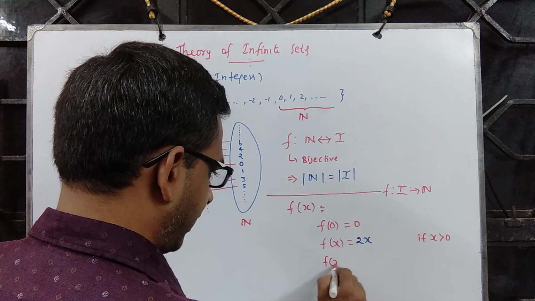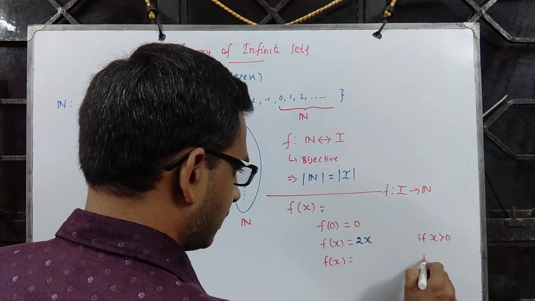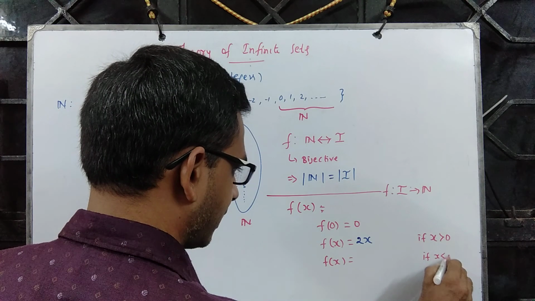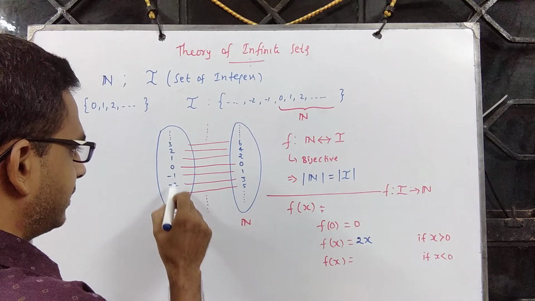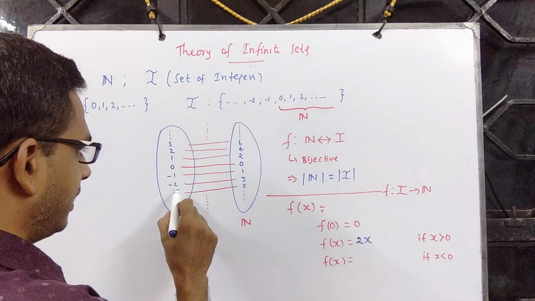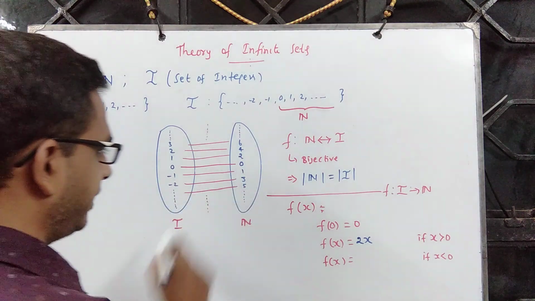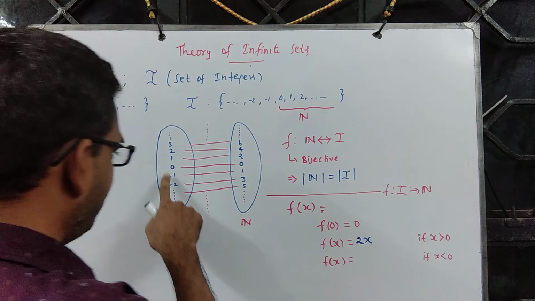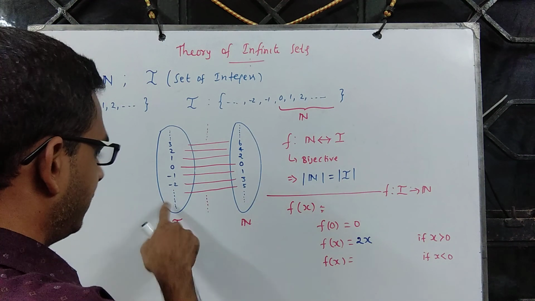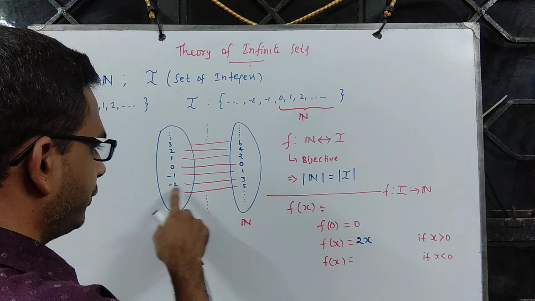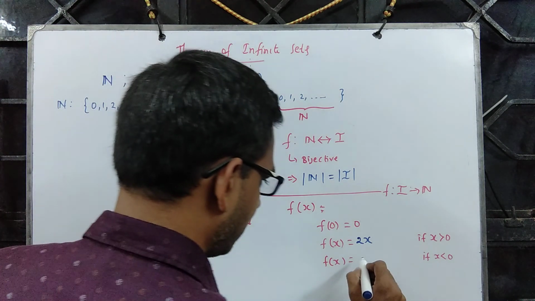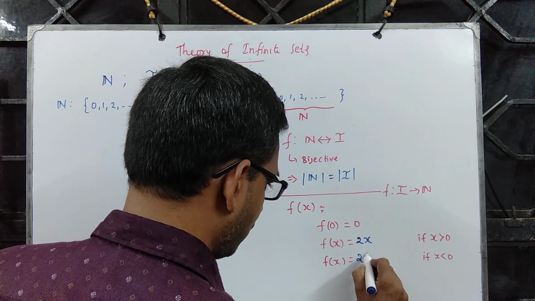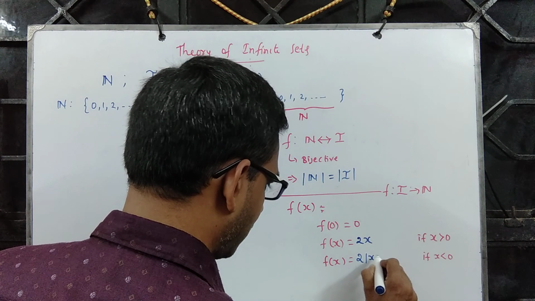And what is the value of f of x if x is negative, x is less than 0? It says 1 is mapped to 1 and 2 is mapped to 3, and if you leave the negative sign, 2 is going to 3, 3 is going to 5 and 4 is going to 7, which means it is 2 into mod x, minus 1.